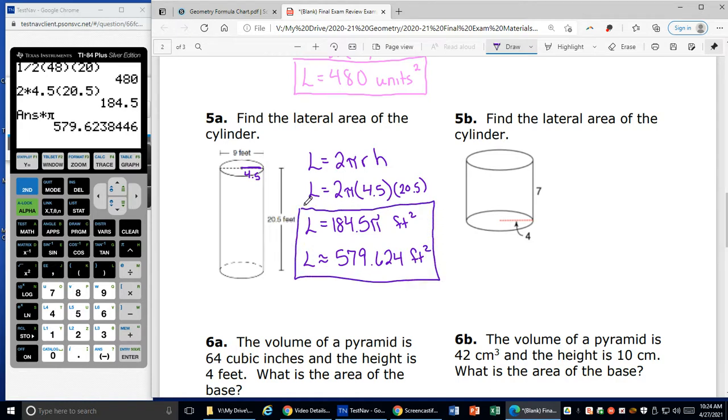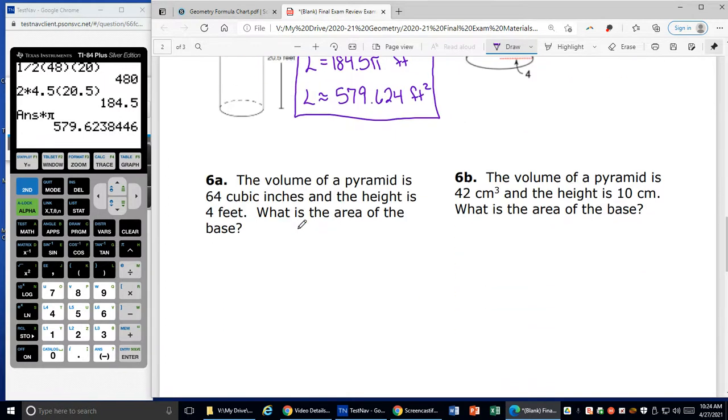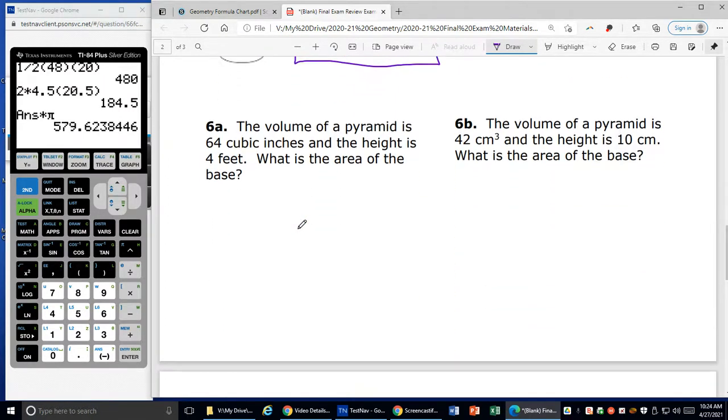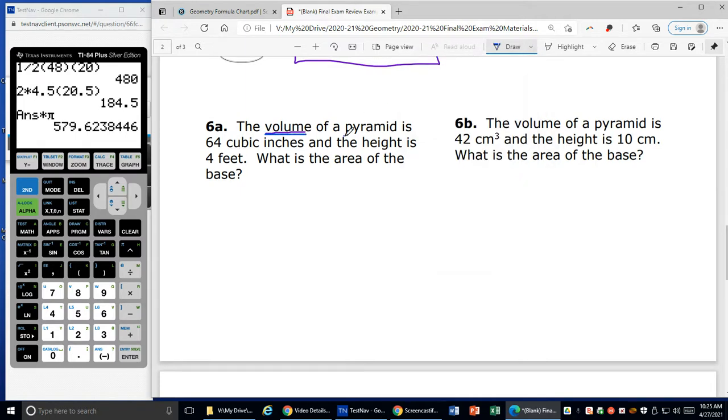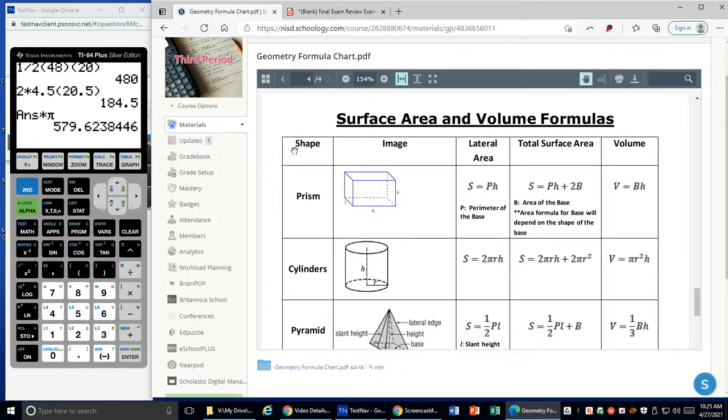Okay, let's look at 6A. 6A, the volume of a pyramid is 64 cubic inches and the height is 4 feet. What is the area of the base? Okay, so I don't know what the shape of the base is for this pyramid, but I do know that its volume is 64 cubic inches. So I know I'm working with volume, and I know I'm working with a pyramid. So let's go look at that formula.